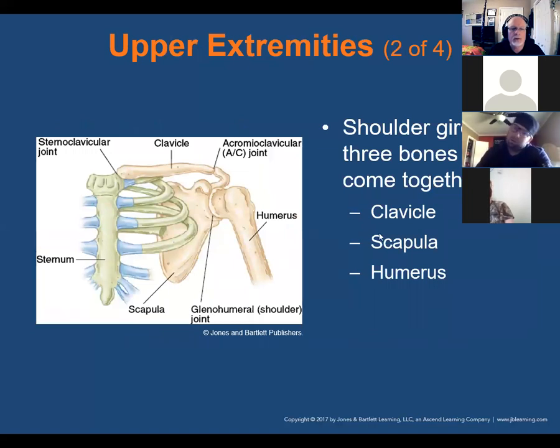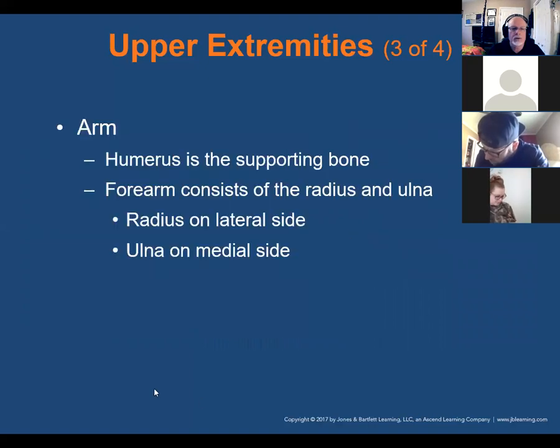These are the pieces and parts of the upper extremities. Scapula, that big flat bone on the back side of your shoulder girdle. If somebody has a fractured scapula, that flat bone is hard to fracture. It takes an extreme amount of force, so we're really worried about internal injuries with that.